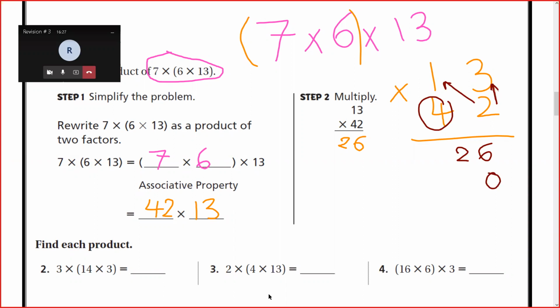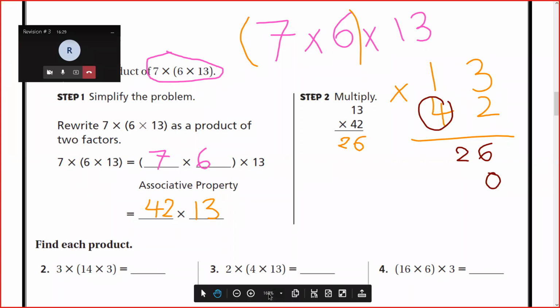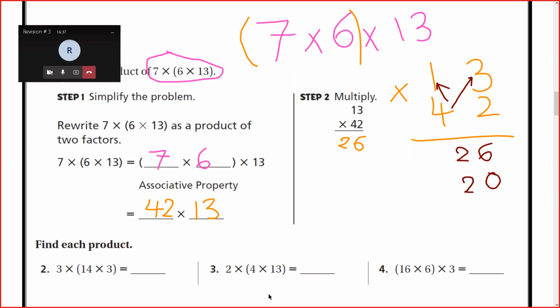Then 4 times 3, 12. 4 times 1, 4, plus 1, 5. Bravo. Then I will add 6 plus 0, 6. 5 plus 2, 7. And then 5.